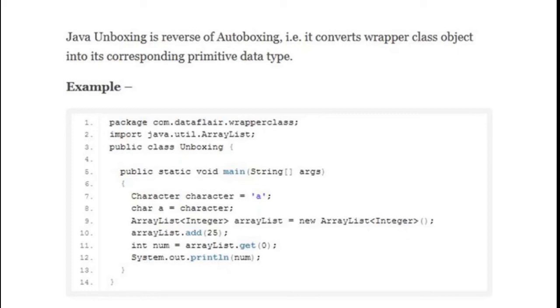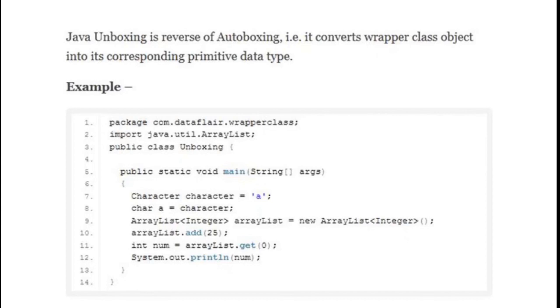And then what are we doing? In fact, in this step autoboxing is taking place. But in the next statement, as you can see, a small char a is assigned a value of the Character, that is, the reference data type. So here unboxing is taking place.